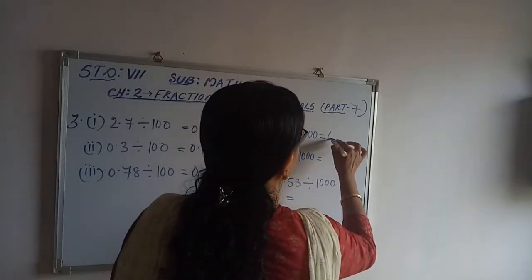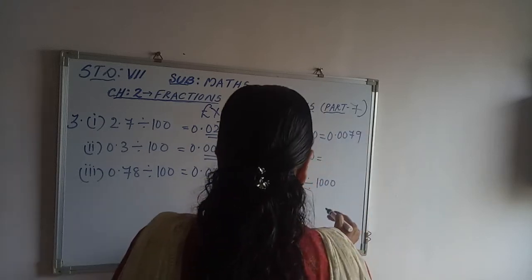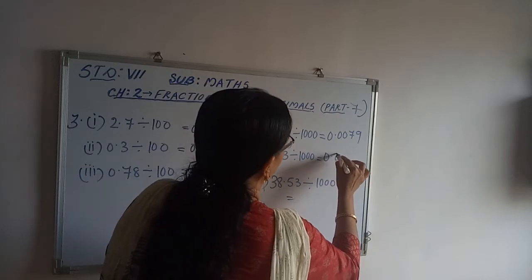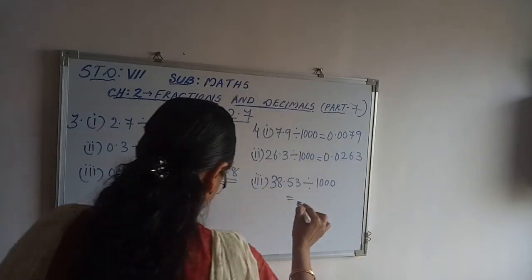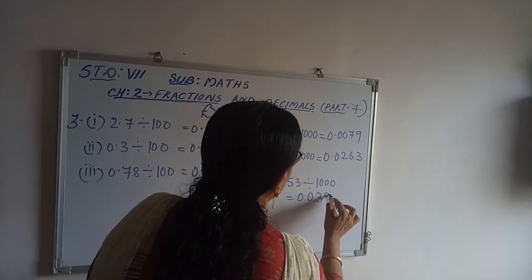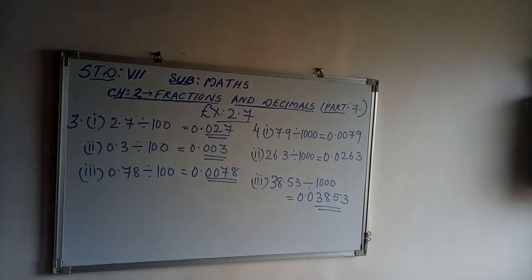So here it can be 0.0079. Then here it will be 0.0263. Then next one, 0.03853. This is the answer. Okay. Here also question 4 and 5 you have to try. I hope it's clear to you. Division by 10, 100 and 1000.